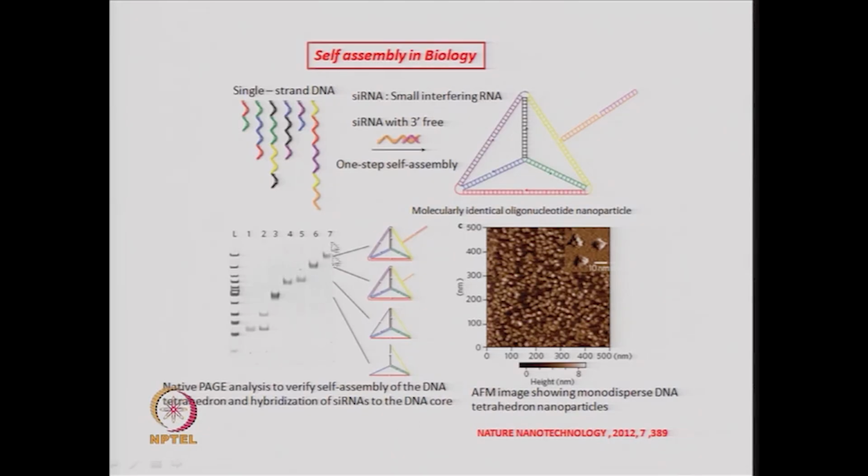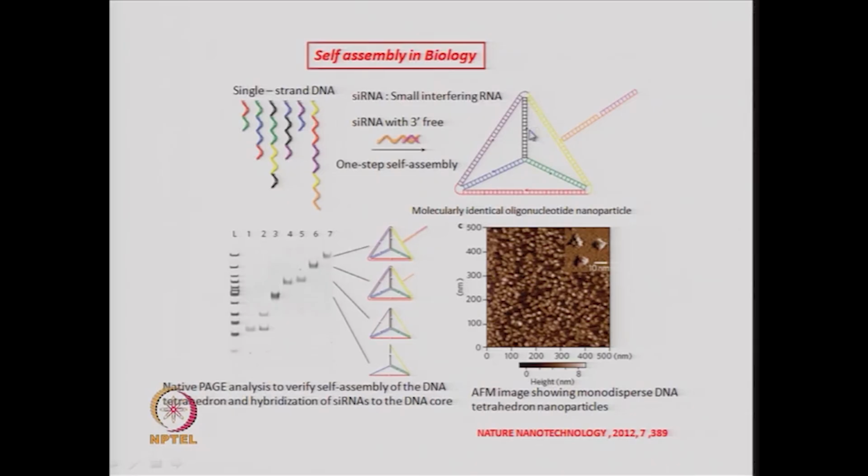Using this PAGE analysis, it was found that you can have several of these structures, and several of them were actually experimentally found. One of them is this structure, which is actually the largest one.